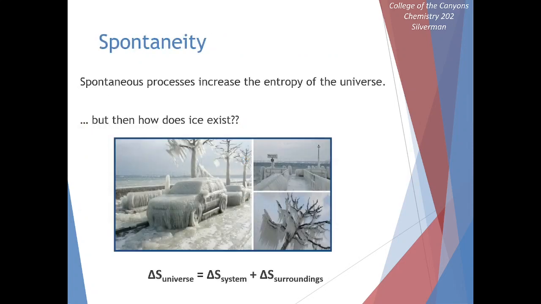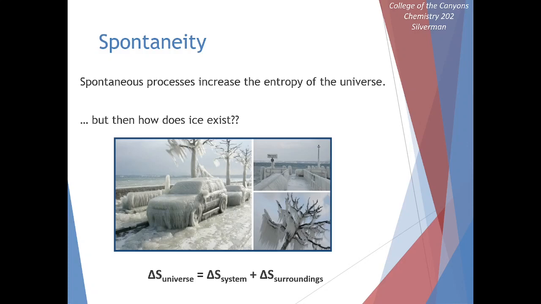Previously, we said we can predict the spontaneity of reactions by looking at the entropy in the universe. The entropy in the universe has to increase in order for our reactions to occur spontaneously. This is a little bit of a daunting task and a little bit misleading if we're thinking about ice.